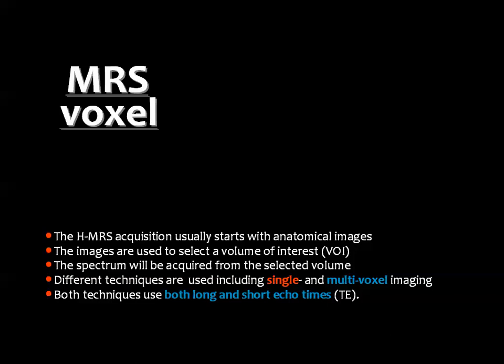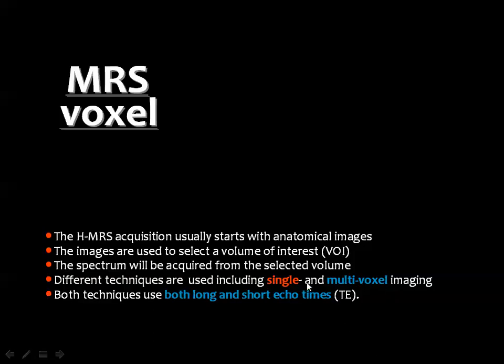Then there are also two techniques for performing the MR spectroscopy concerning the voxel. The voxel is the area that I put on the pathology so that I tell the magnet I am going to sample this particular area of interest. Then we have two types of voxel technique, the single voxel technique and the multi-voxel imaging technique.